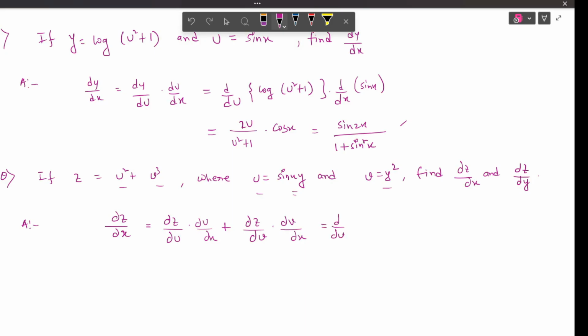This is del by del u of z, where z is u square plus v cube, into del by del x of u, where u is sine of xy, plus del by del v of z, where z is u square plus v cube, into del by del x of v, where v is y square.